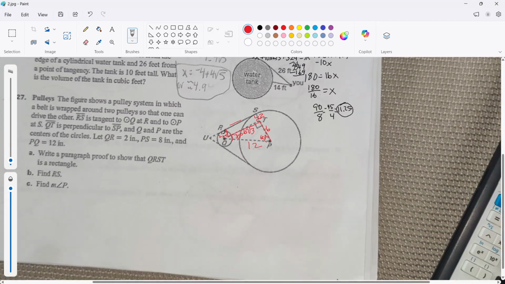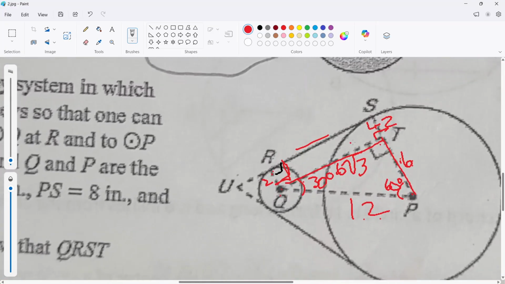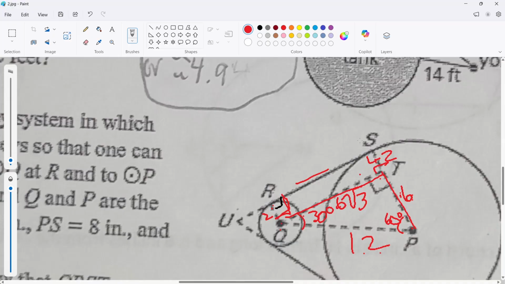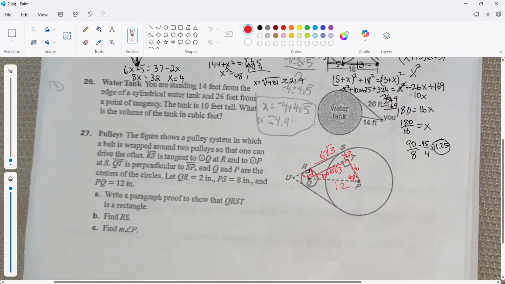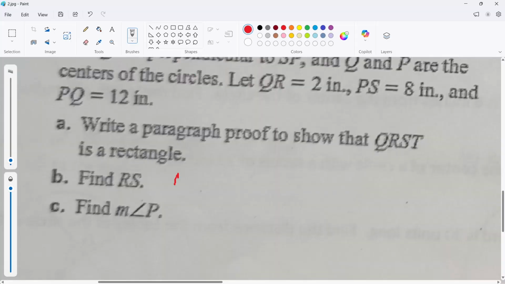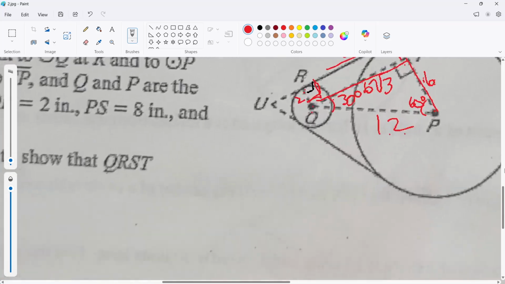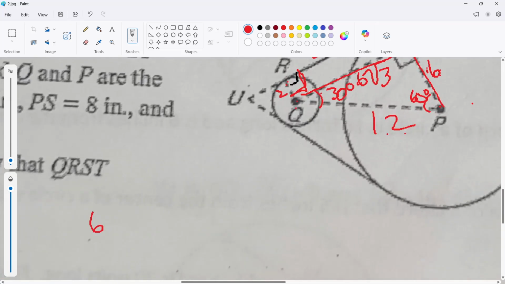It wants find RS. Well, if that's a rectangle and QT is 6 square root of 3, RS is 6 square root of 3. And measure of angle P, well, I already did that for the last part. Measure of angle P is 60 degrees.